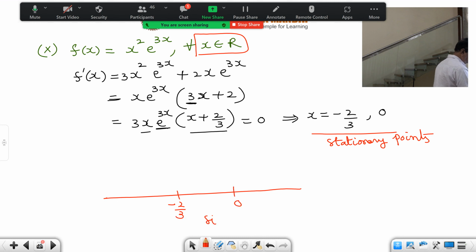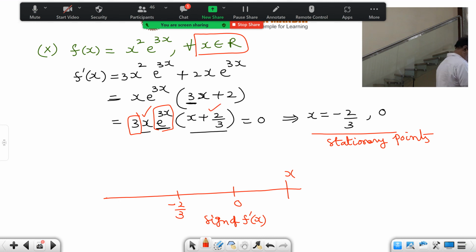The name of the diagram is sign of f dash x. You can forget about e power 3x. It is always positive. So 3 also always positive. Leave them. So only x and x plus 2 by 3 you have to consider. Suppose x is here. x is positive, x plus 2 by 3 is also positive.